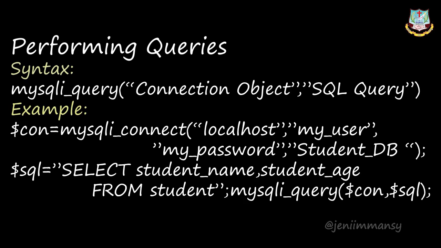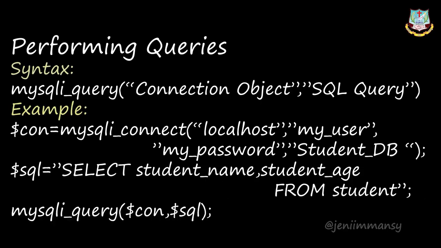Next, we are giving a name as $sql. $sql is equal to, inside the double quotes, "select student_name, student_age from student". This line also ends with a semicolon, and now we are going to give the mysqli_query. We have given two lines, one is $con and another is $sql, and we are going to give the query for both.